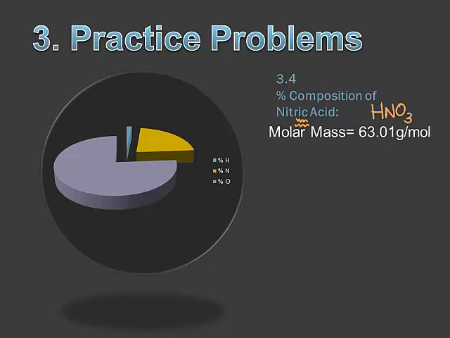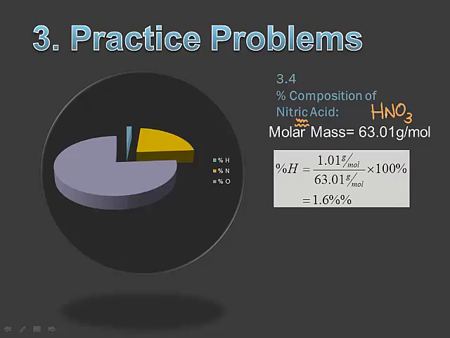Now I want you to calculate the percent composition, but you'll notice now we have 3 different types of atoms, so you have to calculate the 3 different percent compositions. So the percent value for hydrogen is 1.01 because there's just 1 hydrogen of the 63.01 grams per mole.